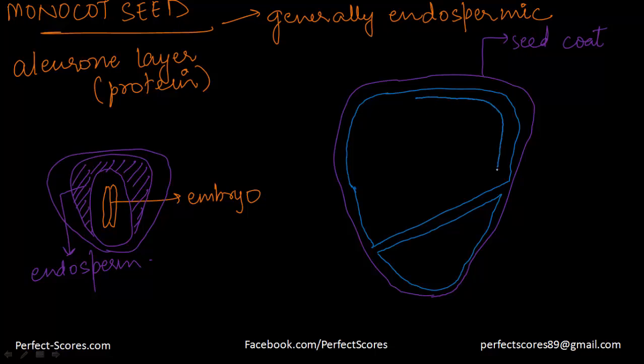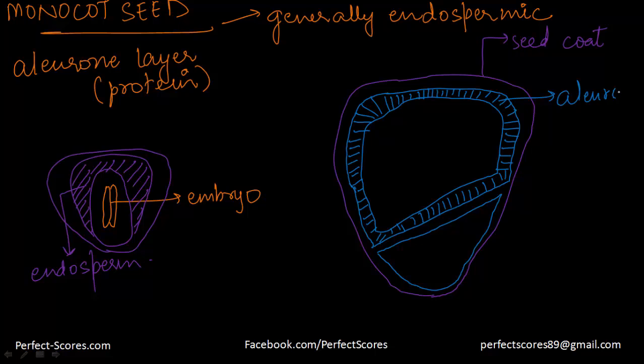So if I draw it like this, the part that has these lines, this entire layer is the aleurone layer. The diagrams are a little messy, but I hope you're able to understand. This is the aleurone layer, and this inside is the endosperm.